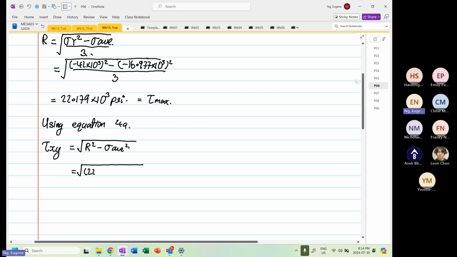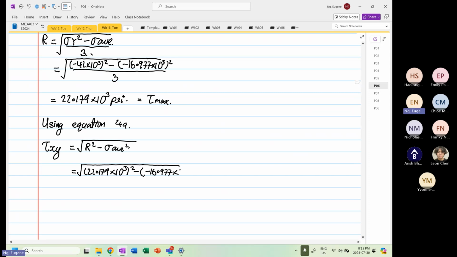This is equal to 22.179 times 10 to the power 3 squared minus our average stress, which is minus 16.977 times 10 to the power 3 squared. The square root of the whole thing is equal to 14.271 or 14.272.